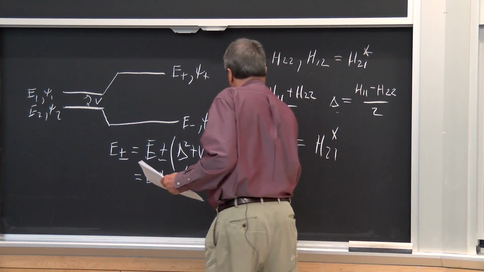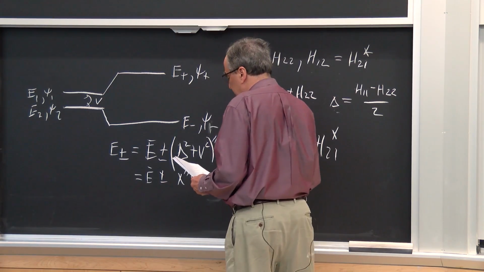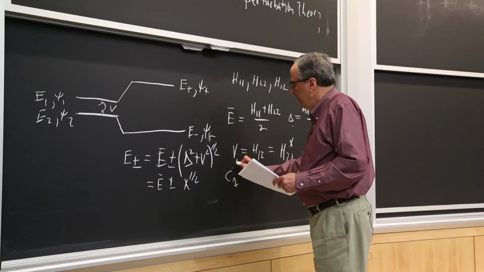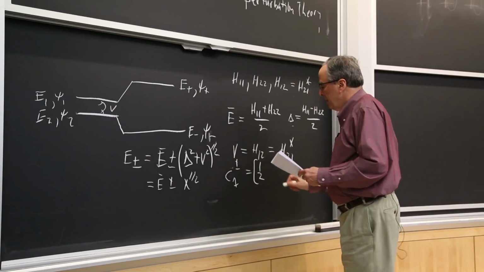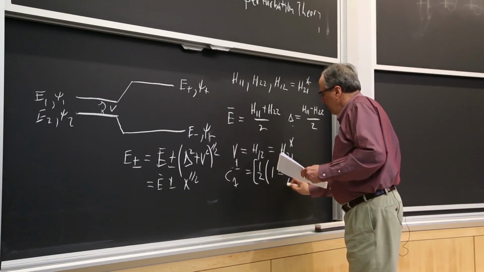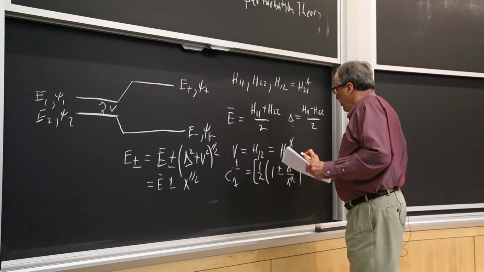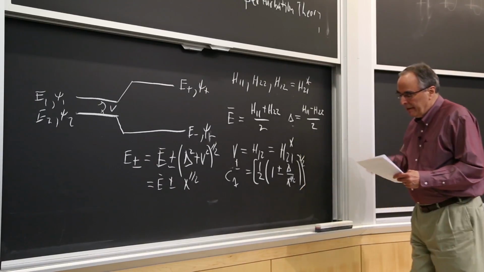And the eigenfunctions are expressed in terms of these coefficients. C1 plus minus is equal to the square root of 1/2 times 1 plus or minus delta over the square root of x. The square root is outside the bracket.